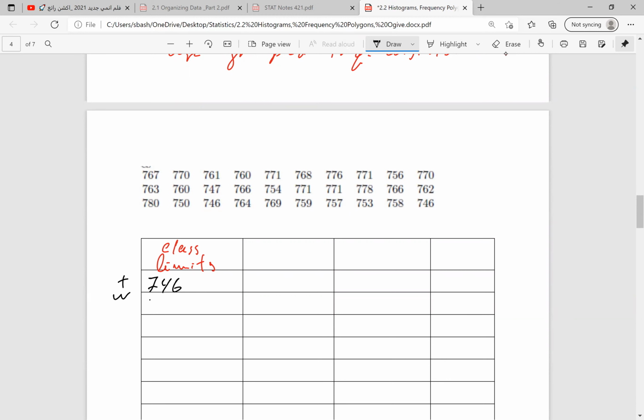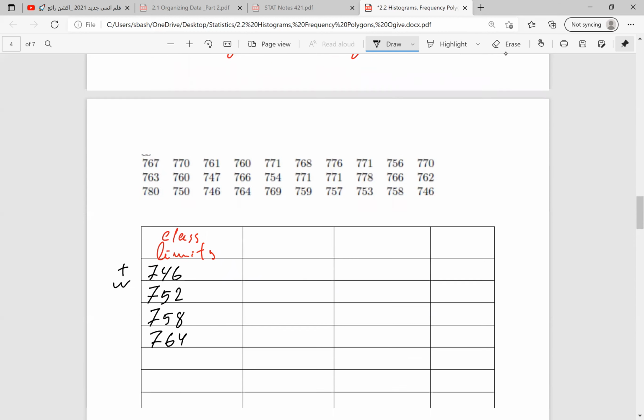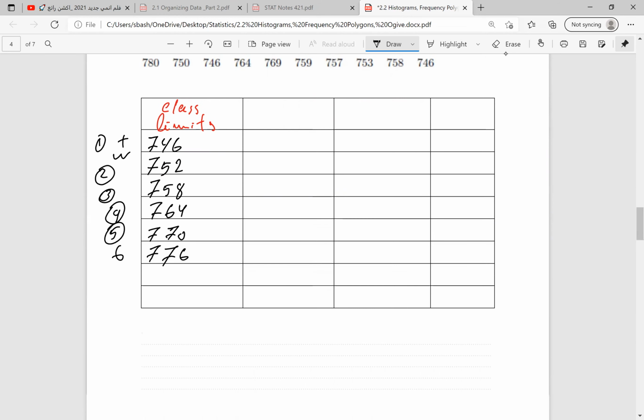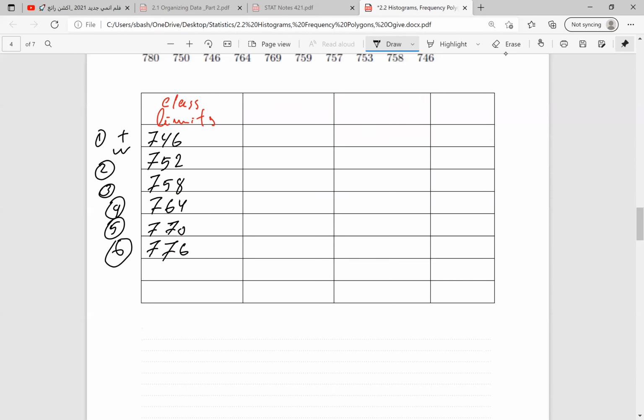So the next one will be 752, next one will be 758, next one will be 764, then 770, and next one is 776. You see, this is number 1, 2, 3, 4, 5, and 6, because the question says to construct 6 classes. So I need 6 classes.